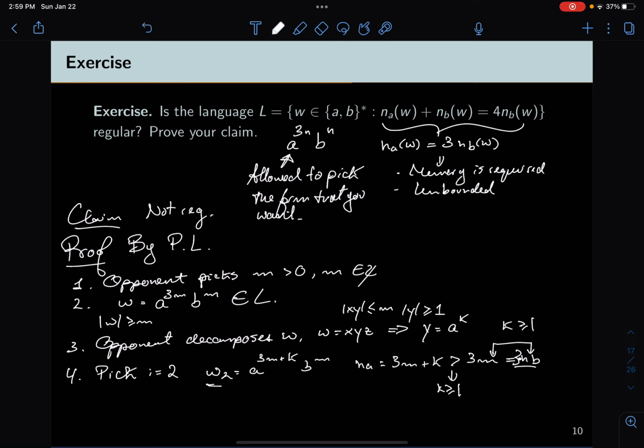So I have that the number of A's is strictly greater than 3 times the number of B's. And so that means that w_2 does not satisfy this condition, which is logically equivalent to the original condition. And so that means that w_2 is not in L, which implies that L is not regular. Excellent. Okay.